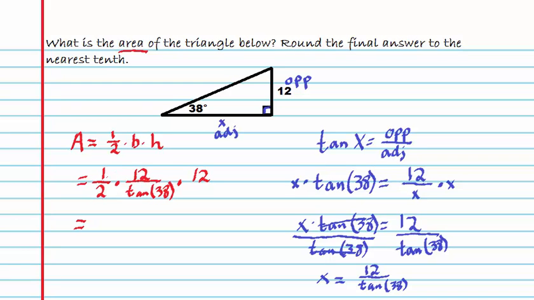When you type this in, you end up with an approximate answer. You have to round a little bit, but to the nearest tenth place, our answer is 92.2, and since it's area, it would be units squared. And this is our final solution.